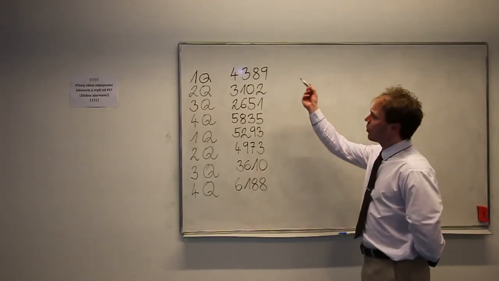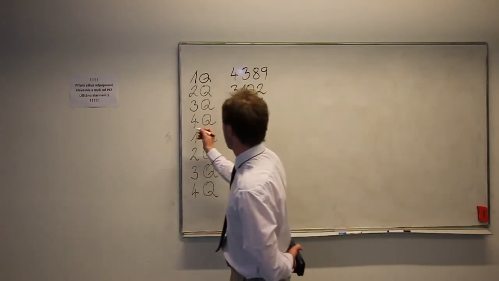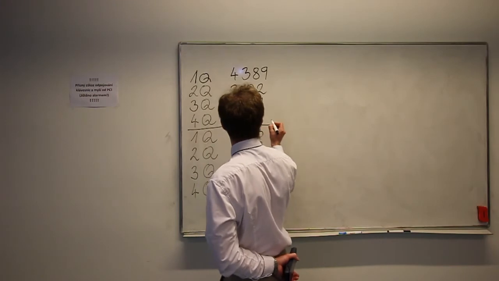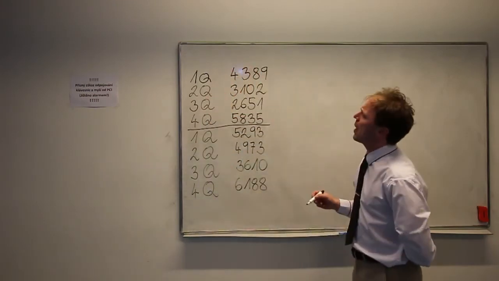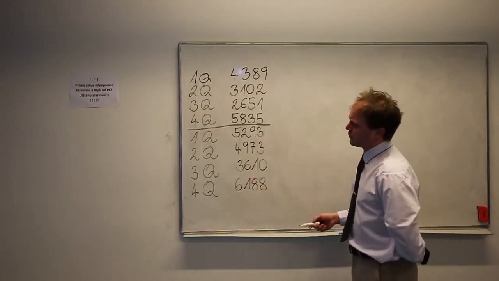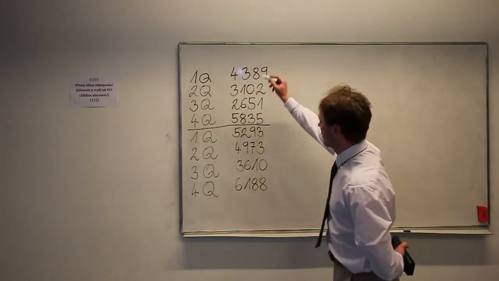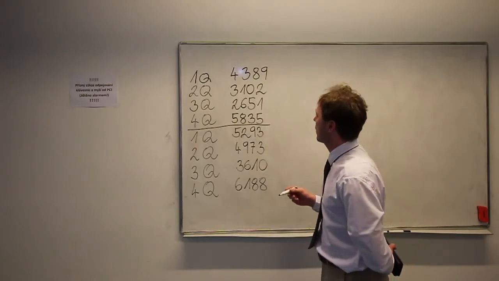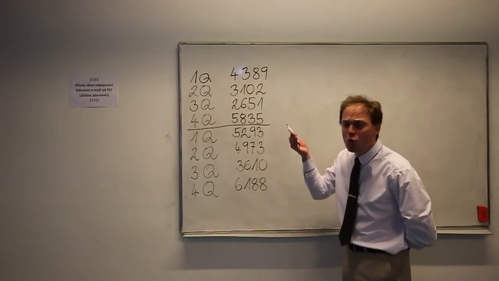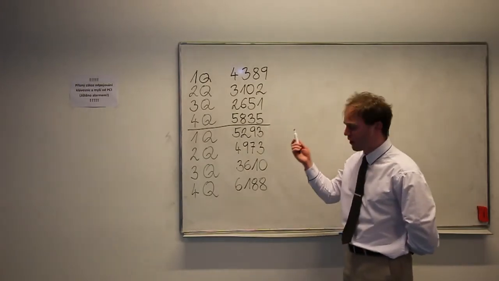You can see that I rewrote the data set on the whiteboard: in the first part there is the year 2015, and in the second part the year 2016. This is the quarterly time series, and I would like to smooth it by an appropriate moving average.